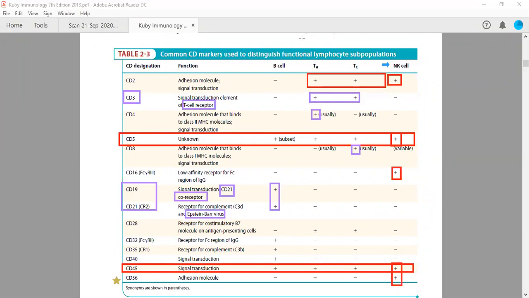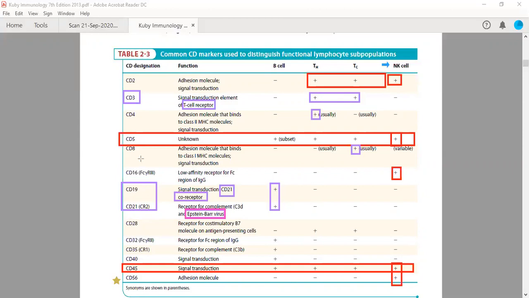So this is also very important. You need to remember that the Epstein-Barr virus, a kind of pathogen, uses the same receptor called CR2, complement receptor 2, or CD21, to cause infection in the B cells.